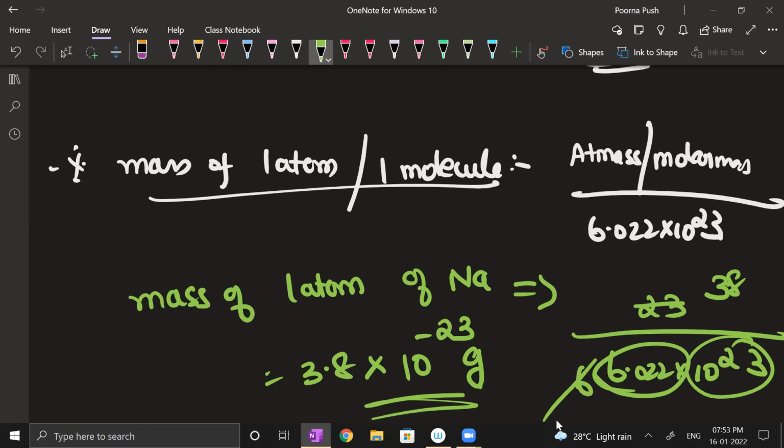I took it as 6 down, but if you take it as 6.022 and calculate, a slight variation will be there.